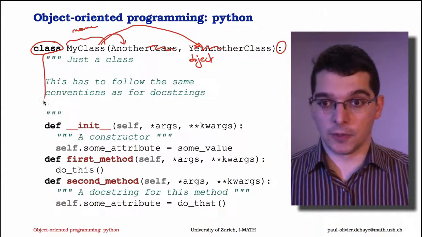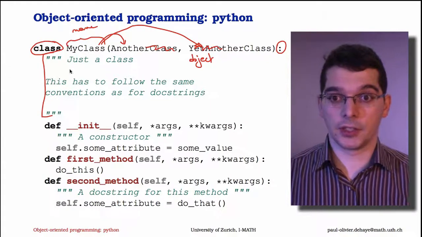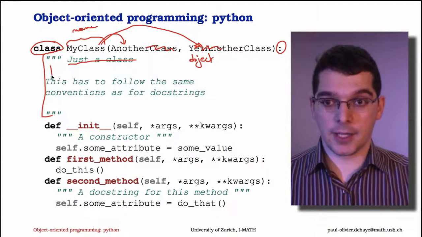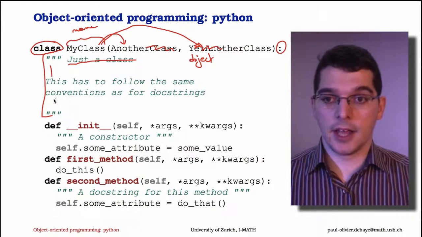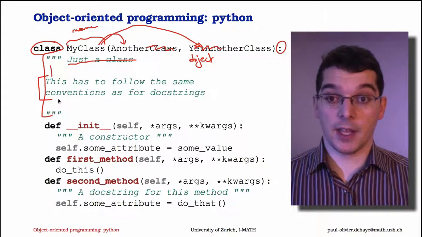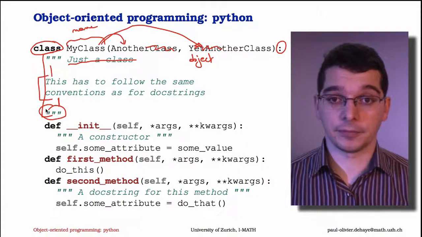Then there is a docstring, and this docstring follows the same convention as for function definitions. This means a short first line, and then a new line, and then a longer explanation of what this class does, and then another new line. And it uses triple quotes.